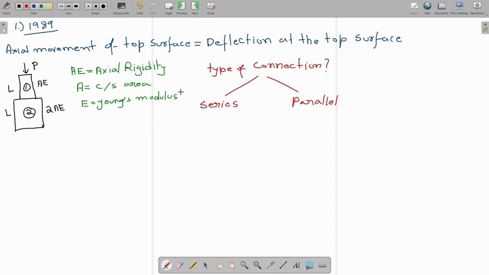In this case, from the diagram, we can see that the load is passing through the longitudinal axis of the body. Therefore, the connection is in series. Let me provide you another example of what a series connection looks like.